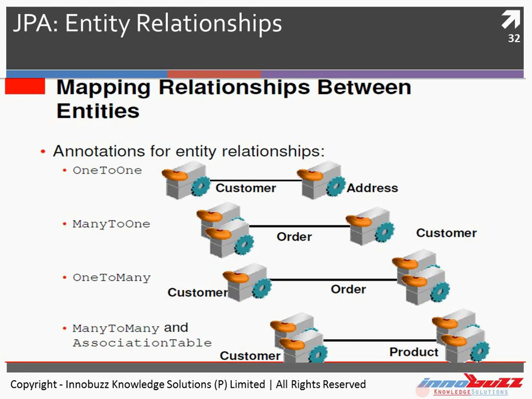Here, one to one is where one customer can have one address; many to one is where many orders can belong to one customer; one to many is one customer and many orders; many to many is many customers having many orders. So these are all examples. The relationships between the entities are a must to have a proper relational database system in an enterprise application.